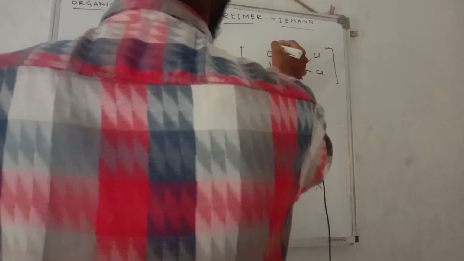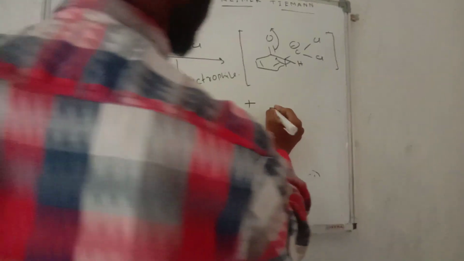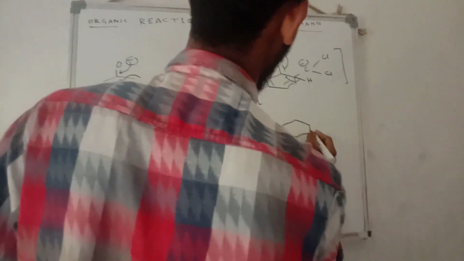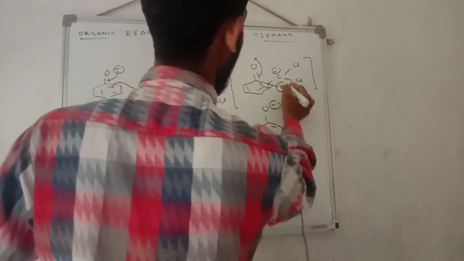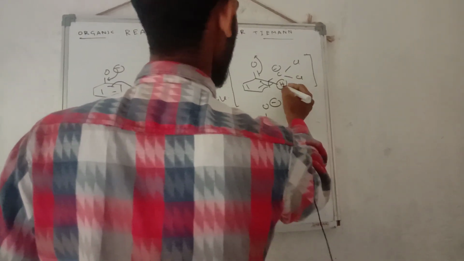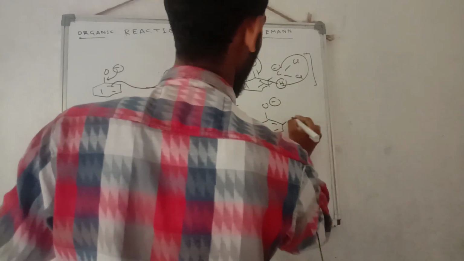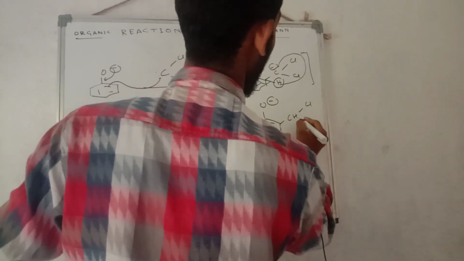And hence, to get the aromaticity back, here one hydrogen remains, this will fall off and this system will regain its aromaticity. This hydrogen leaves this carbon atom, and hence we get this product.